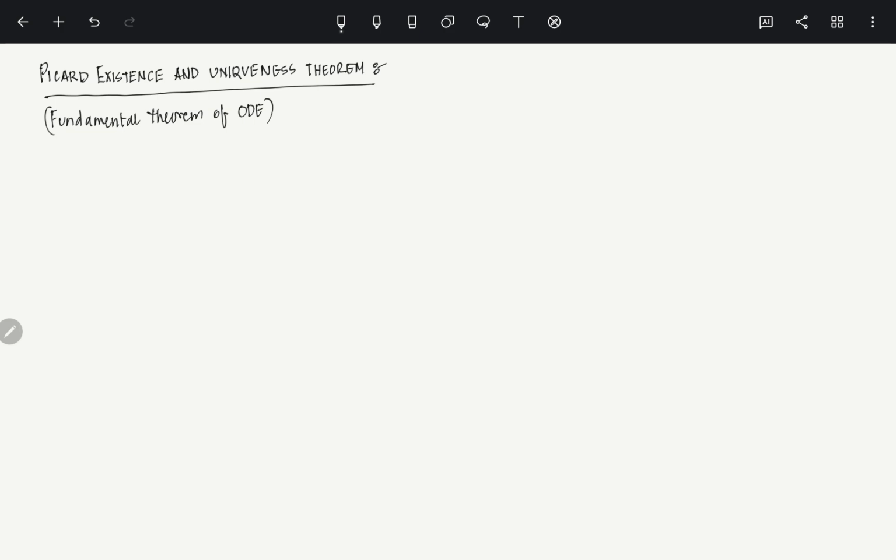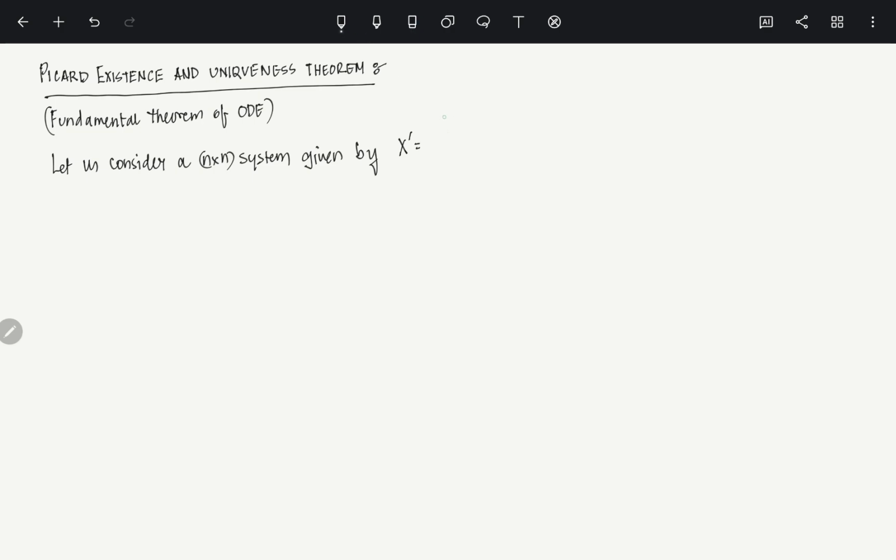So first of all, what am I trying to do here? We start with a system. Let us consider an n cross n system given by x prime equals f of x.